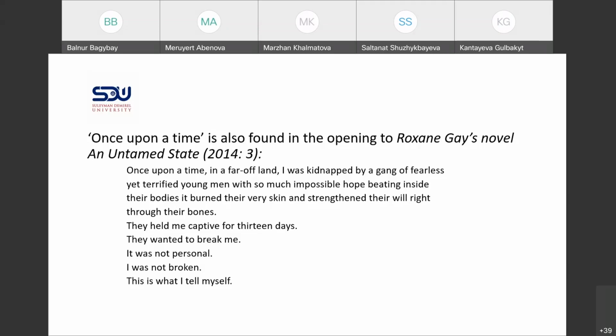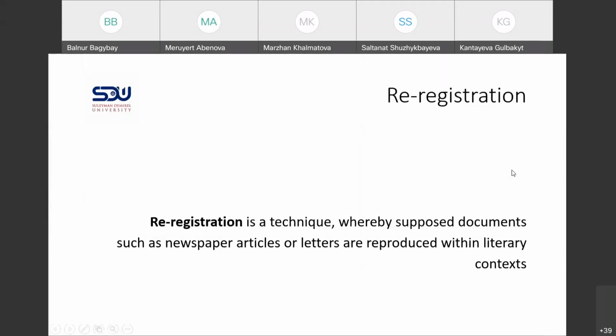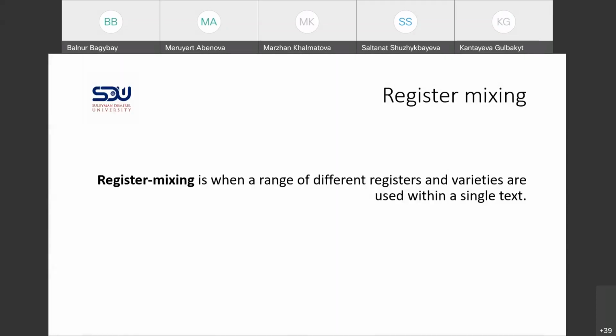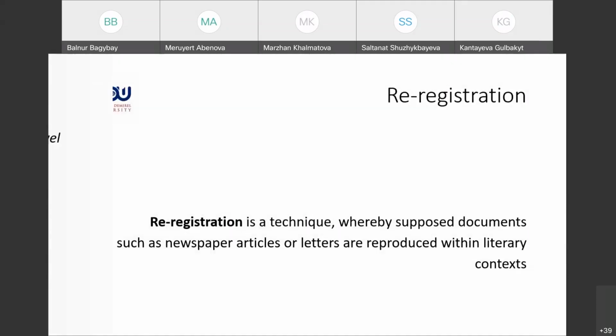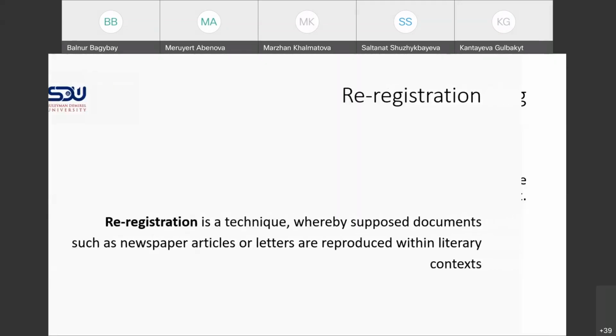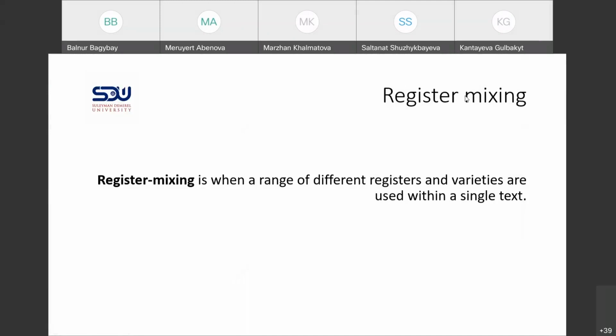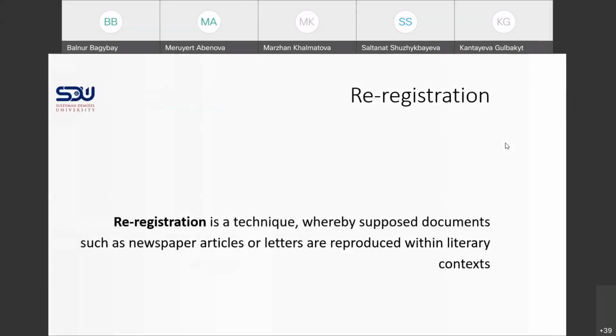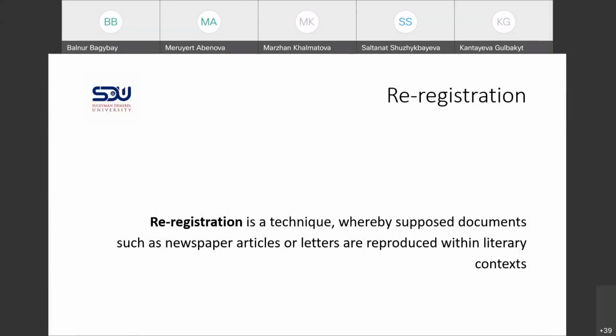So this is the technique, as we call it here. The technique that has been used is called re-registration or register mixing, and particularly in the "Once Upon a Time" opening of An Untamed State, register mixing was used. Let us first have a look at re-registration. In order to create particular effects on readers, literary works may shift registers.